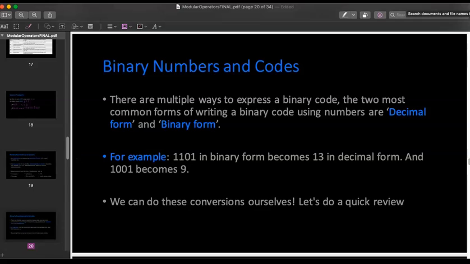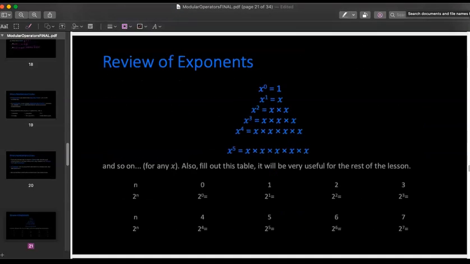So for example, I have 1101. It's binary form, and that is 13 in decimal form, right? Like 1001 becomes 9 in decimal form, and we can convert to and from. So I think it'd be pretty cool if we could convert this ourselves, right? So let's learn how to do that.